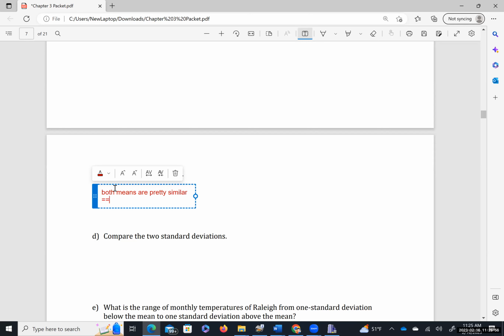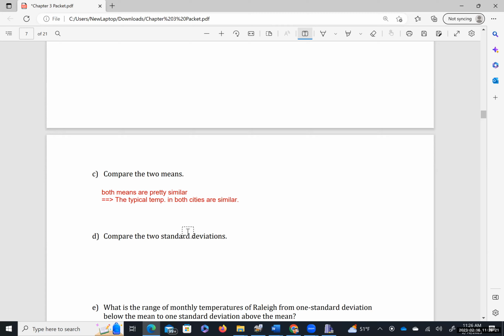So I would say the typical temperature in both cities is similar. Okay, so that could be the way to conclude when comparing two means.